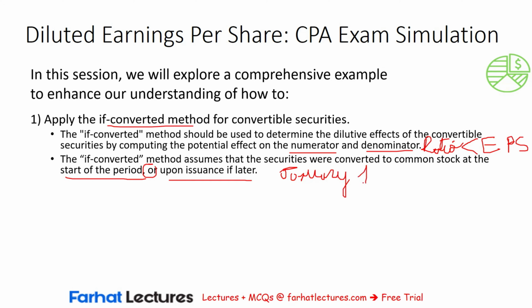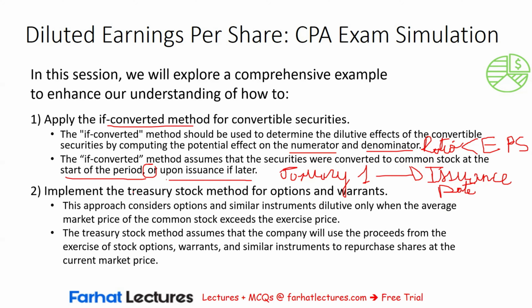However, if these convertible securities, such as bonds or preferred stock, were issued after January 1, we're going to use the issuance date and consider as if they have been converted since the issuance date.